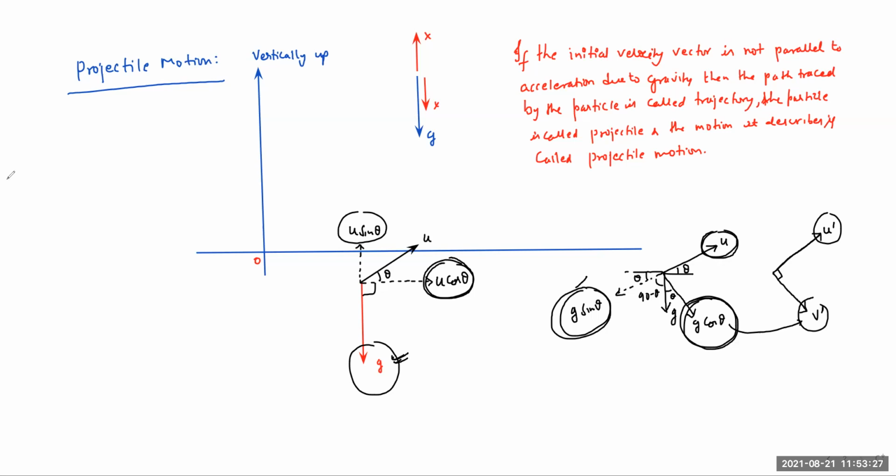Any complex motion, two-dimensional or three-dimensional, can be dealt with using the concept of one dimension, which we are already well versed with, by resolving velocity and acceleration into components. How many components you need depends on the question. For two dimensions, we need two components. For three dimensions, we may need three components.